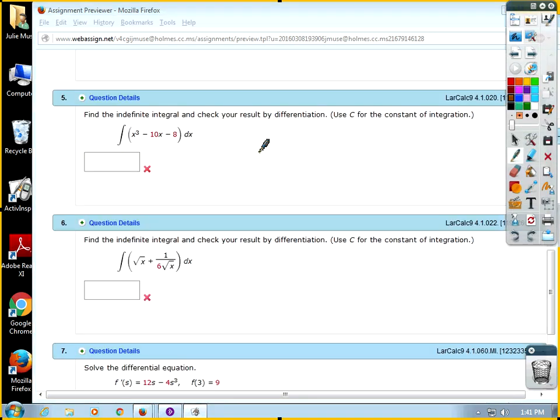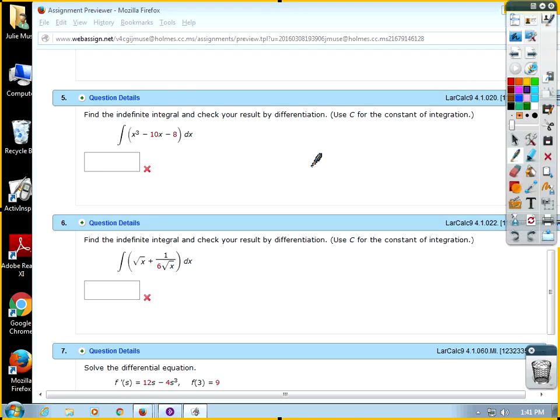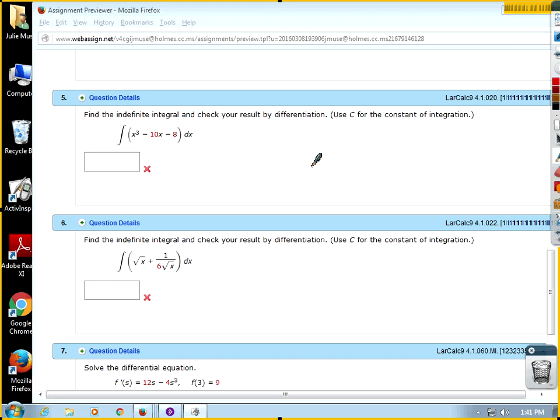All right, so number 5, we have integrate x cubed minus 10x minus 8 with respect to x.